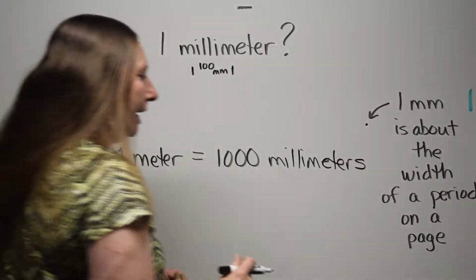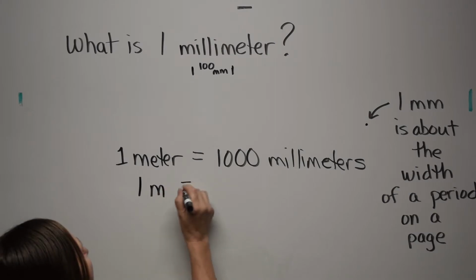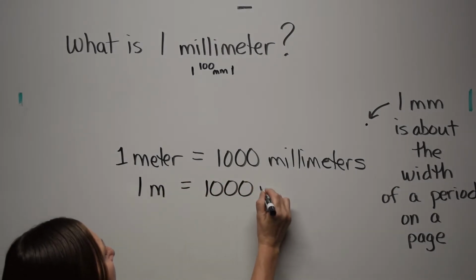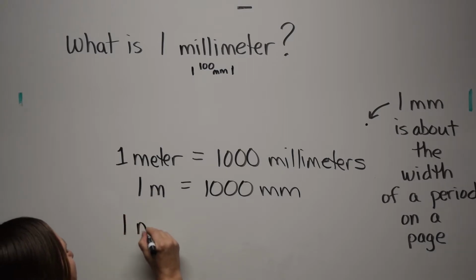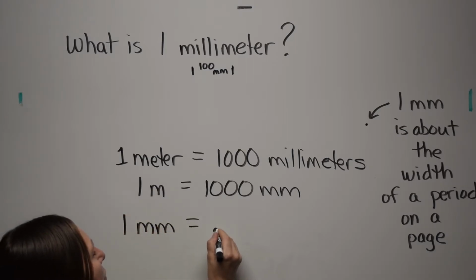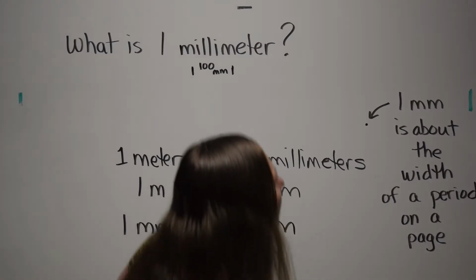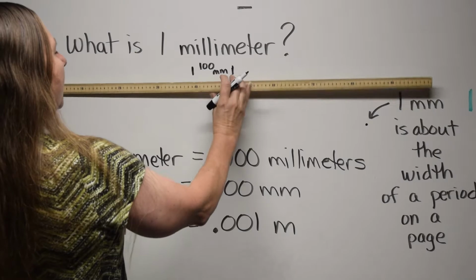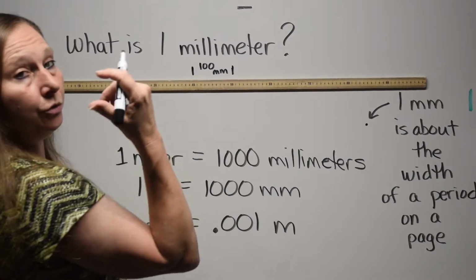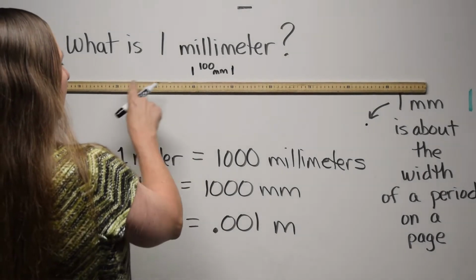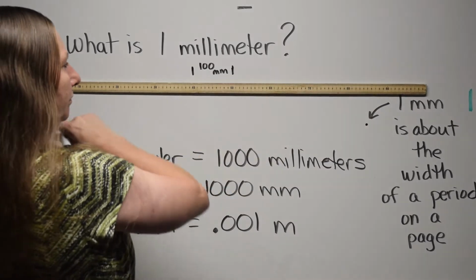Now you can write that in abbreviations. You can write 1 meter equals 1,000 millimeters. And that means that 1 millimeter would be 1,000th of a meter. One teeny itty bitty line that I'm sure you can't see from there would be 1,000th of the whole meter.